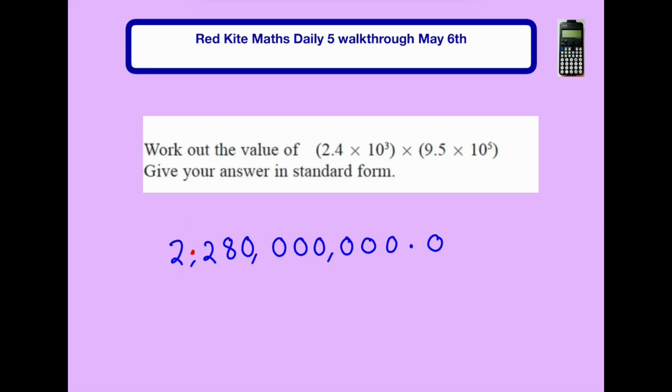Let's just undo that and undo that. Okay, how many times are you going to jump? 1, 2, 3, 4, 5, 6, 7, 8, 9. So our answer would be 2.28 times by 10 to the power of 9.